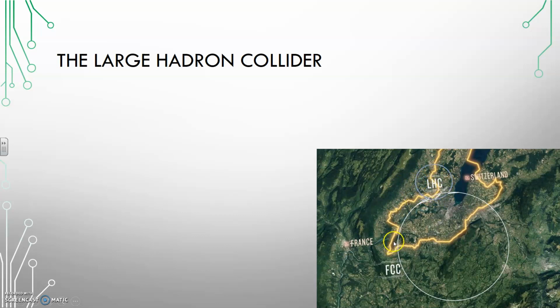They are looking at building a larger one, the Future Circular Collider, FCC, which would be much larger. The LHC is about 27 kilometers in circumference. So it's huge, but it's not necessarily big enough to continue with some of the work that they want to do. Hence why they're building the FCC.